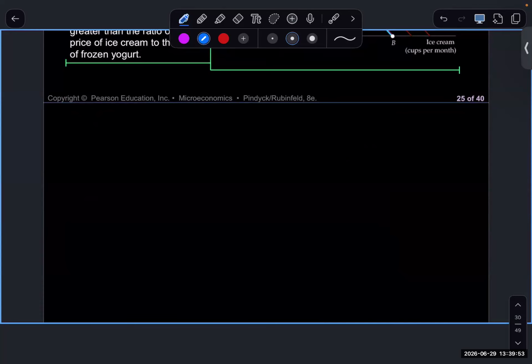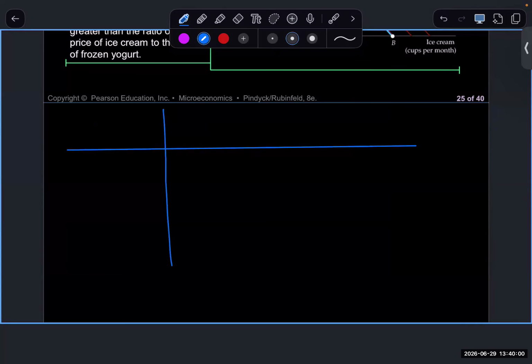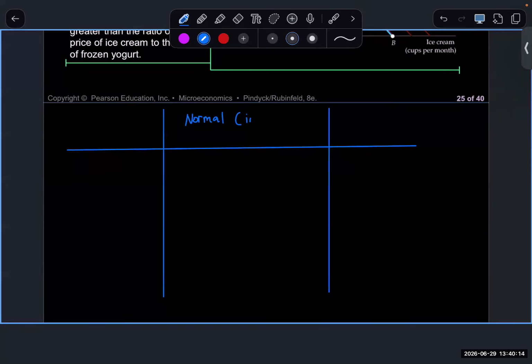Let's compare the normal solution and corner solution. We have a normal solution. We also call it interior. That means the optimal bundle happens in the middle of the curve. But another one is corner solution.